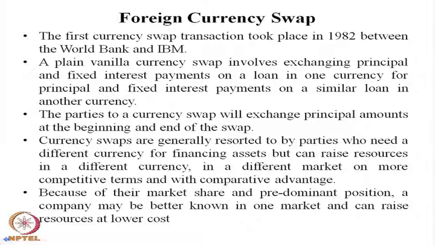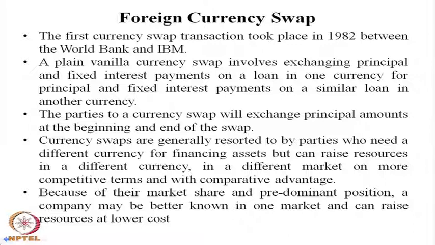Because in a currency swap, the two parties have a dominant position in their own country, in their own region. They can raise resources in their own region as cheaply as possible, but they may need the currency of another country.